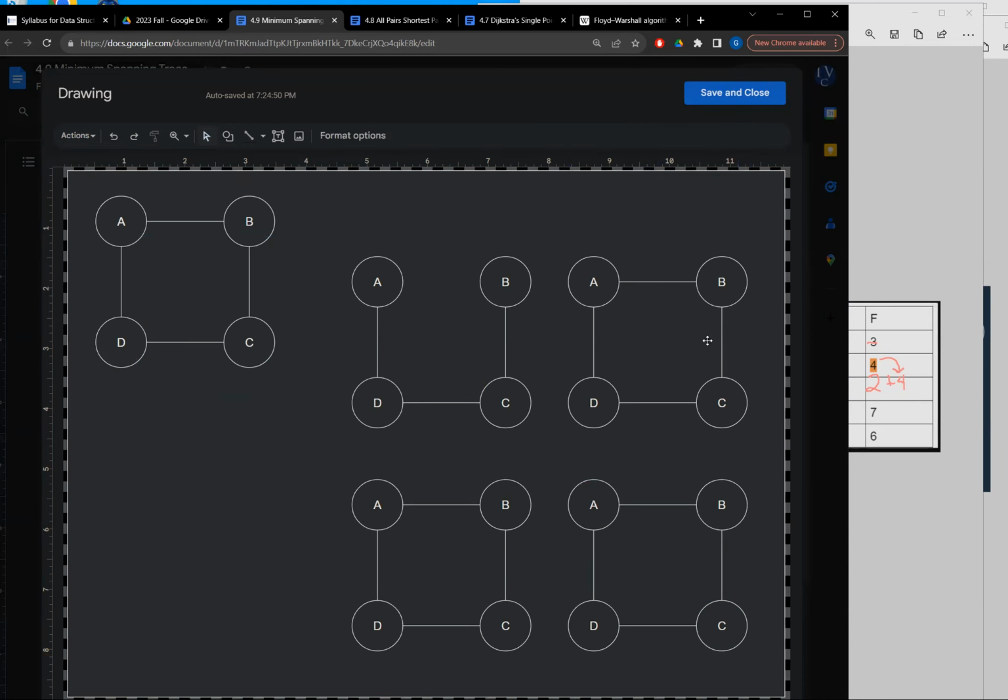All we have to do is take away one edge from any pair of vertices, and we have a spanning tree. So we have 4 spanning trees here.